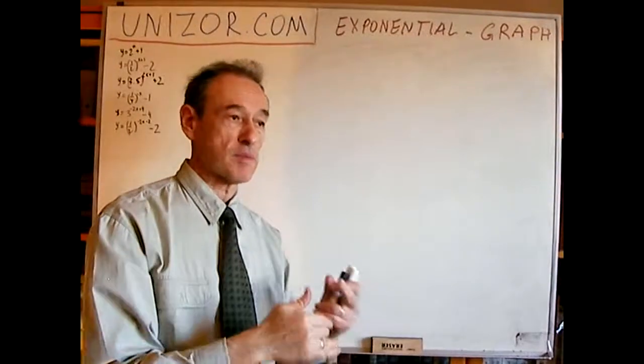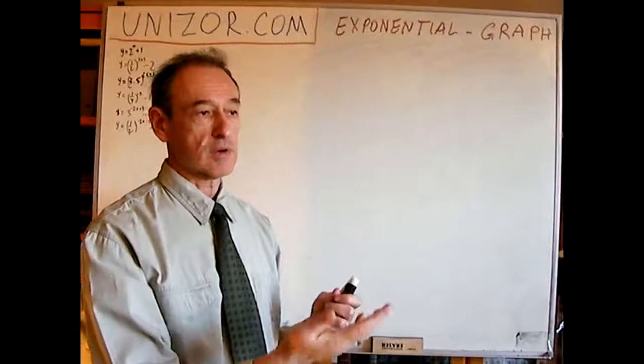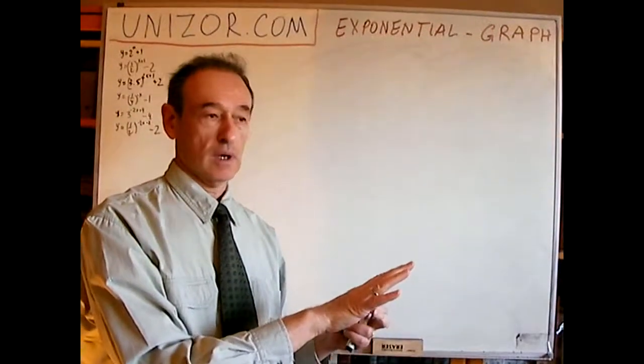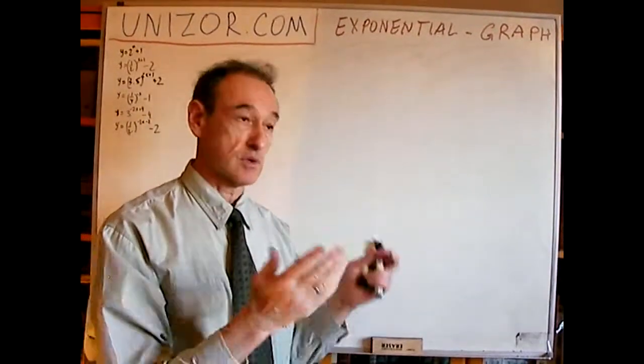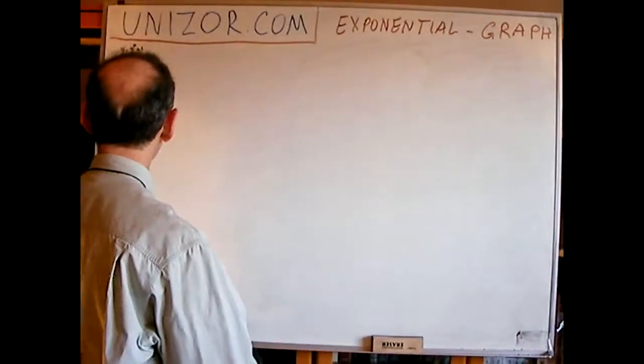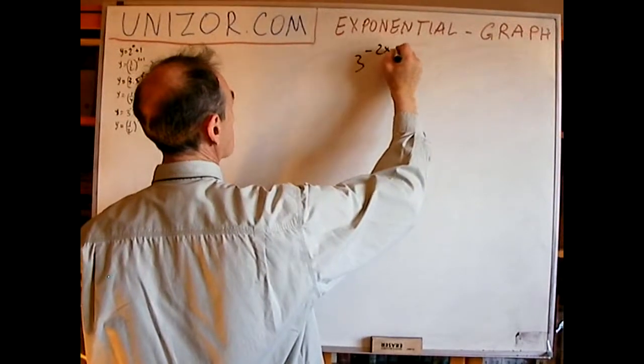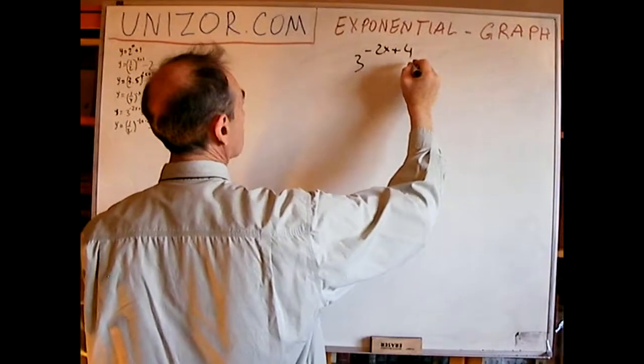You can transform the function first and then draw the graph. Or you can draw the graph and then reflect it symmetrically relative to the y-axis. Doesn't matter. Okay, 3 to the power of minus x plus 4 minus 4.